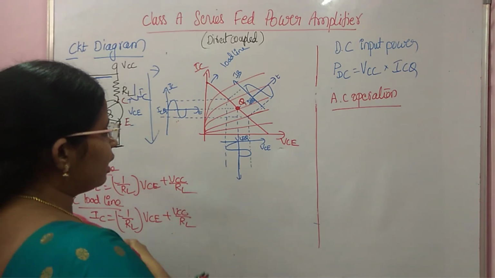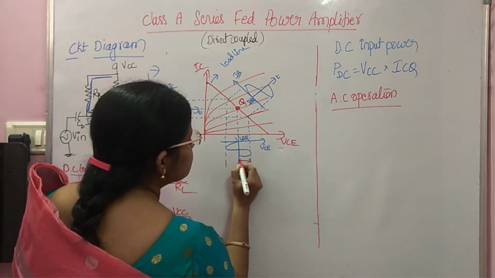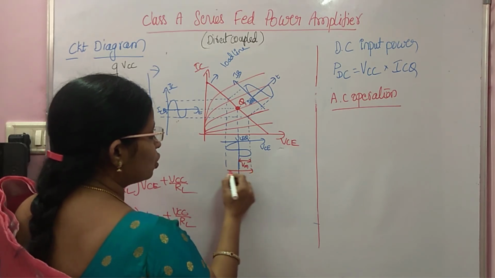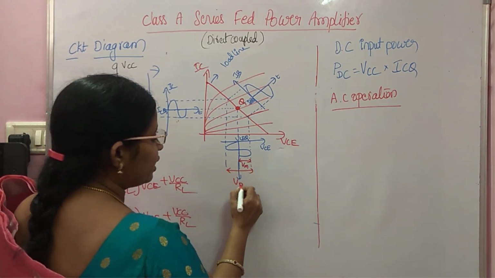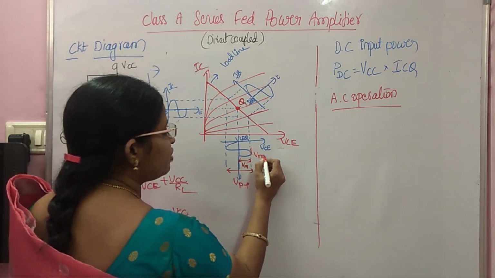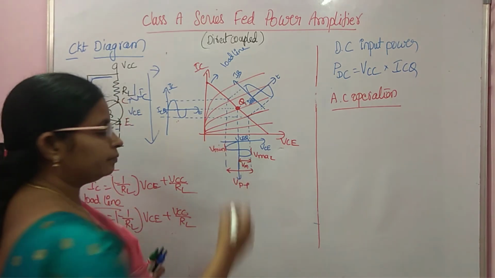I am taking this as the peak voltage Vm, this total as V peak to peak, this point as Vmax and this point as Vmin.